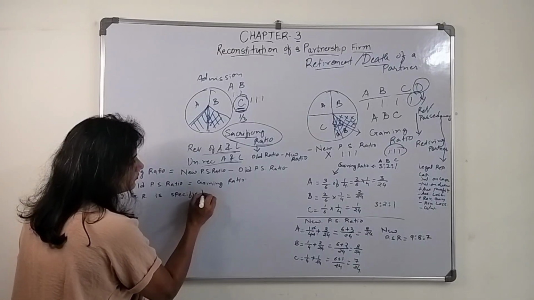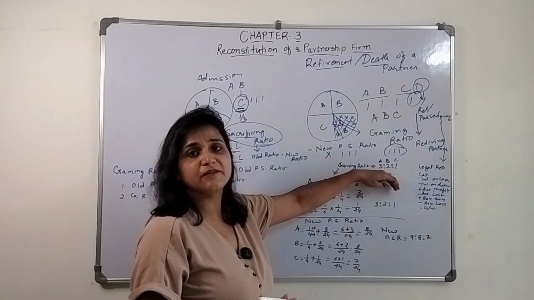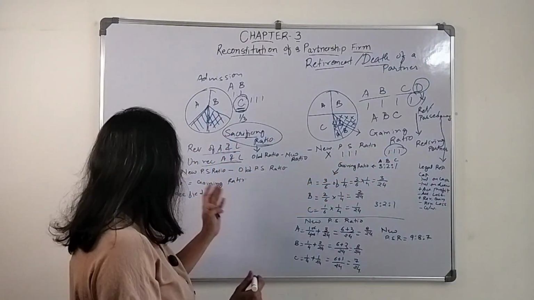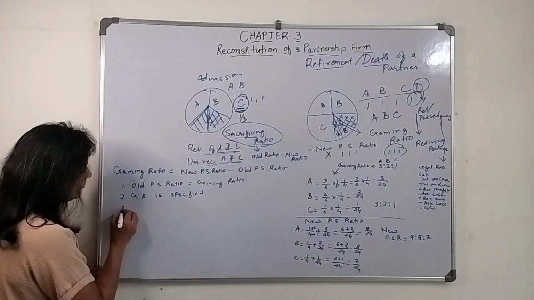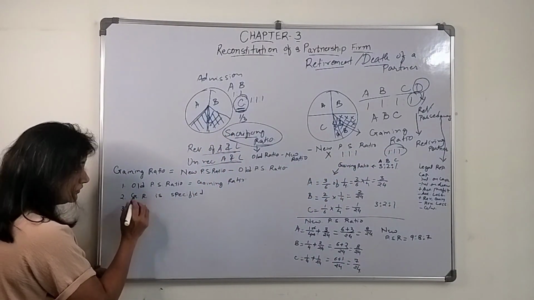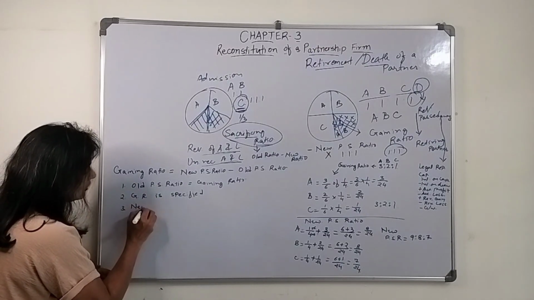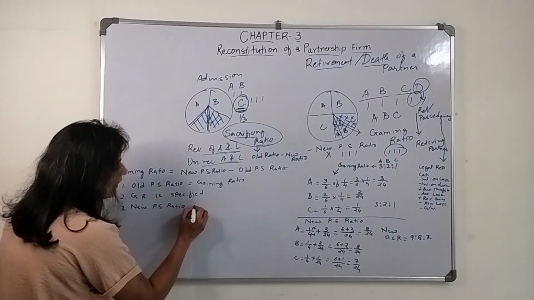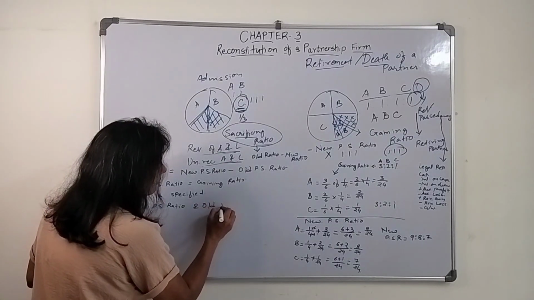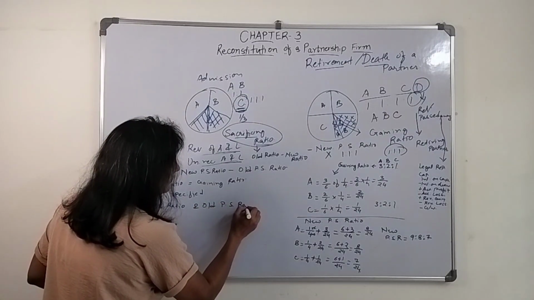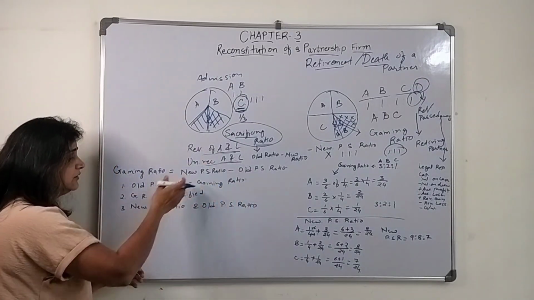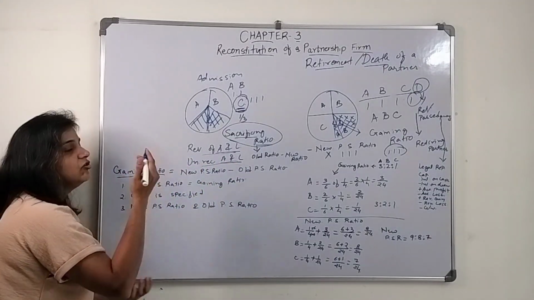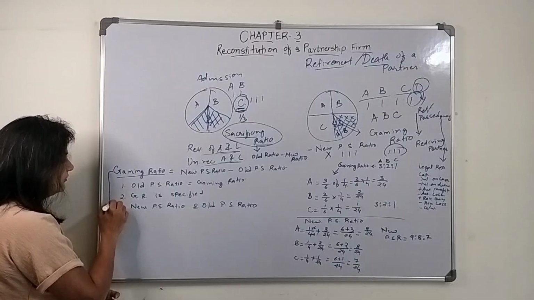If it is specified that they are going to gain in the ratio of 3:2:1, that becomes the gaining ratio. And the third situation could be you have been given the new profit sharing ratio and old profit sharing ratio. Easy. If you deduct old profit sharing ratio from the new profit sharing ratio, you will get the gaining ratio.